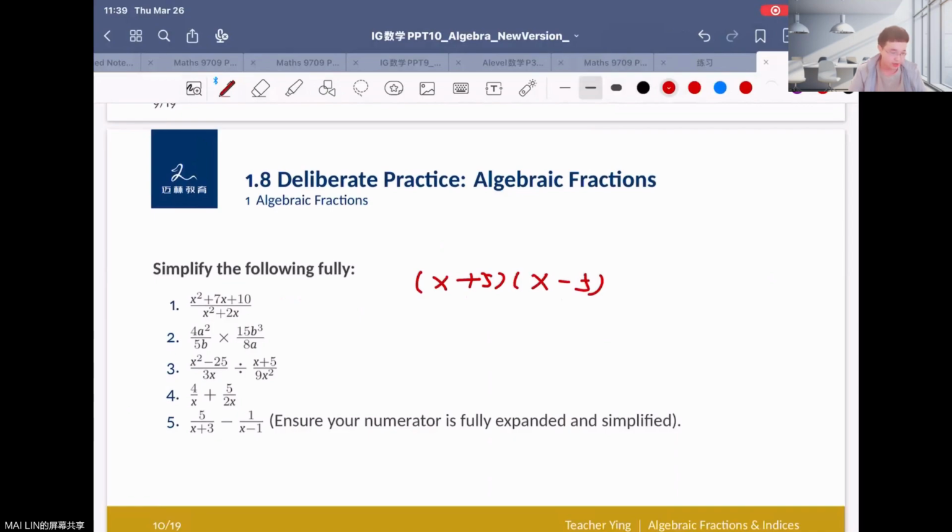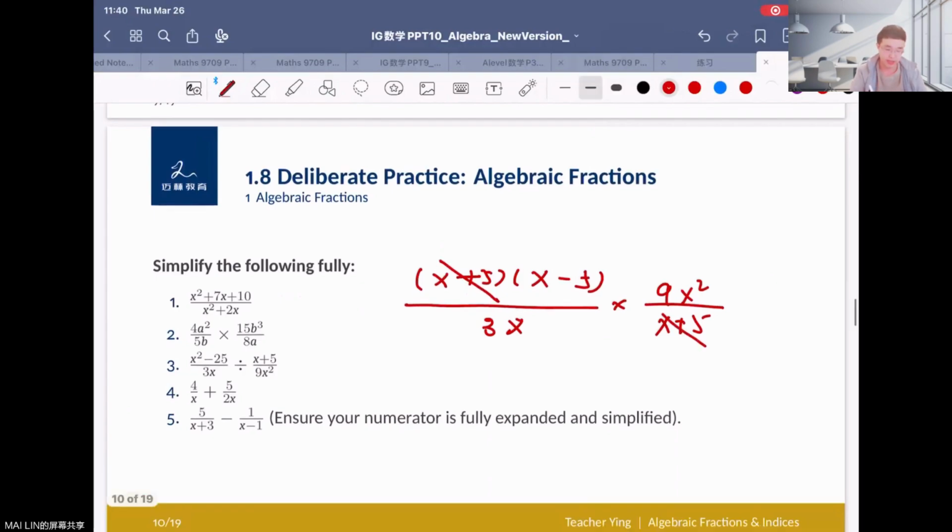And then you can find here, this is 3x over 3x, right? And then the second fraction can be written as, because it's divided by x plus 5 over 9x squared, you can just flip it, right? So it becomes 9x squared over x plus 5, right? So you can find on the denominator and numerator, they have the same factor, x plus 5, so you can cancel them together.